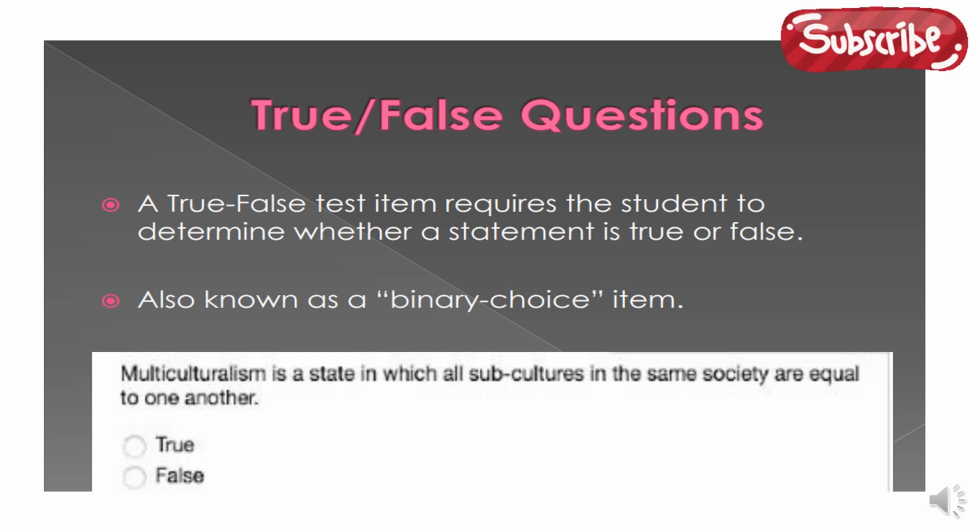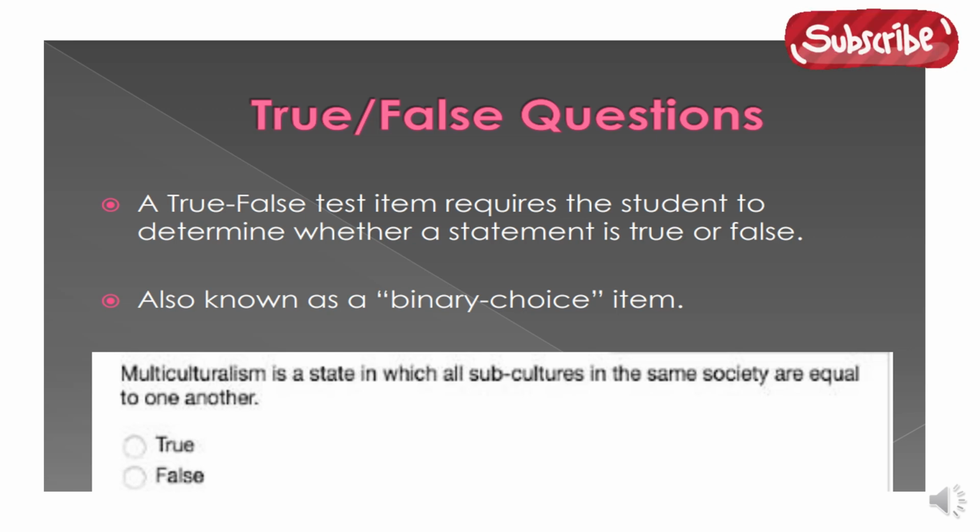There is the true false question. A true false test item requires the student to determine whether a statement is true or false, also known as a binary choice item. Like the statement given: multiculturalism is a state in which all the subcultures in the same society are equal to one another.